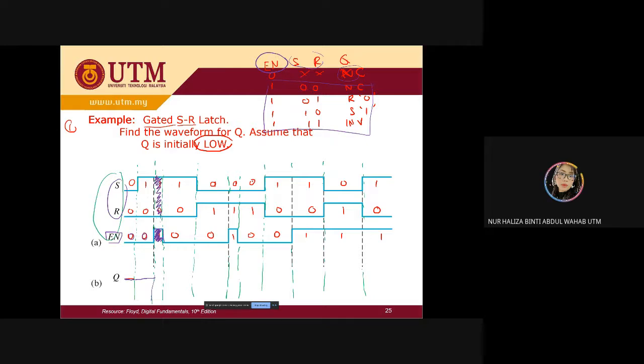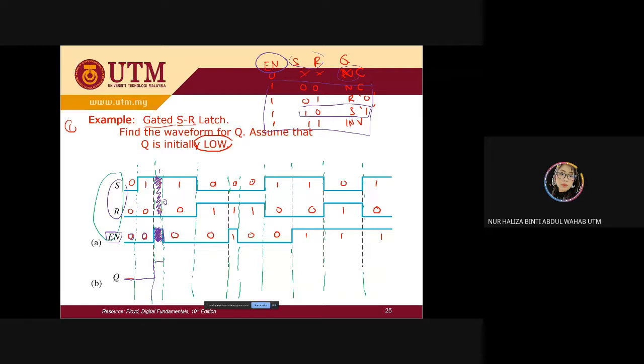At this side, my S is 1, my R is 0. 1 and 0, I'm going to do set. I'm going to do set until my next dotted line.